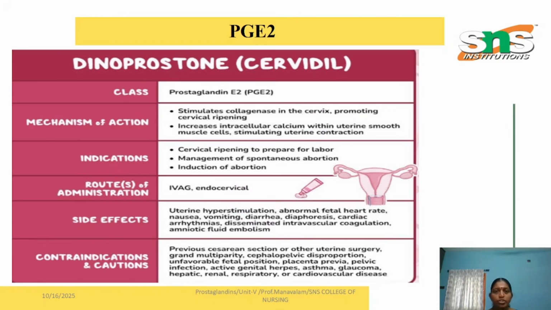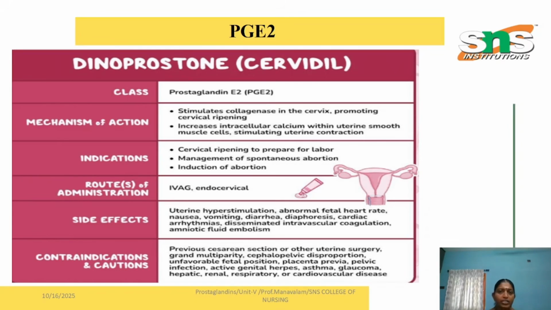Next, move on to the commonly used prostaglandin for the induction of labor, that is called dinoprostol. Its trade name is Cervidil. It comes under the class of prostaglandin E2. The mechanism of action is it stimulates the collagenase activity in the cervix. Through that, it stimulates cervical ripening, and it also increases intracellular calcium release within the uterine smooth muscle cells.